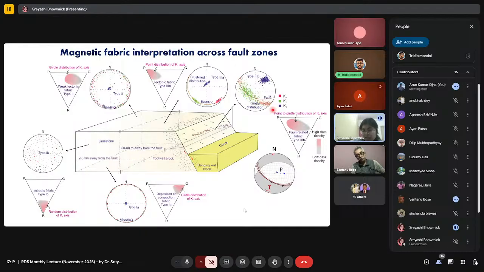But this is not what we are representing here. This is an overall orientation found throughout the fault surface from each of the samples. So that can't exactly give me the orientation of the slickenlineation or the maximum stretching axis. It is an average distribution.